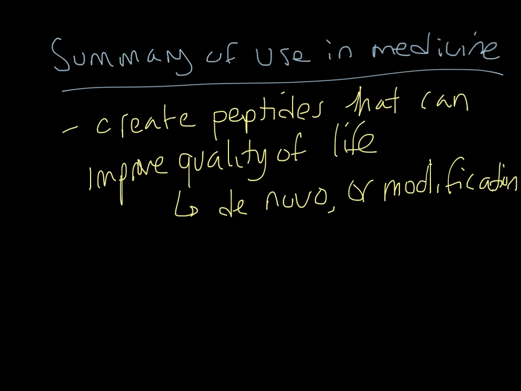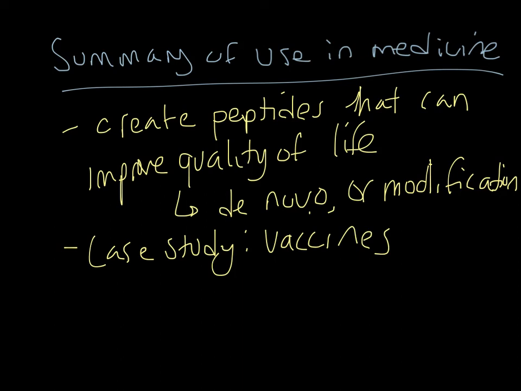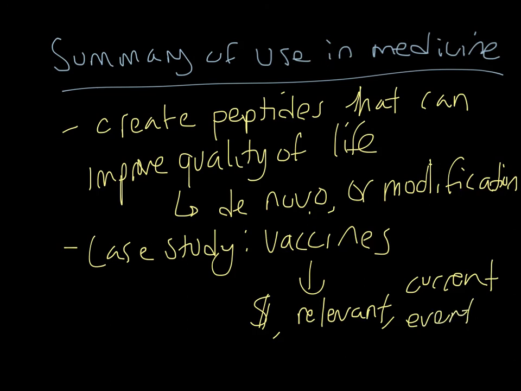We also learned in the summary that one of the big key examples, the case study you want to remember, is vaccines. The reason we're picking vaccines is because it's relevant to biotech. It's something that makes money, it's relevant, and it's in current events. Every year, whether it's swine flu or Ebola, there's a disease going on that would be helped if we had a vaccine or treatment or a way to ID it or an assay for it. So that's why that's really key.